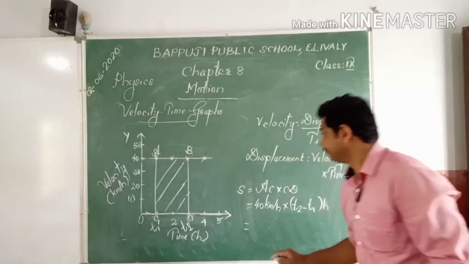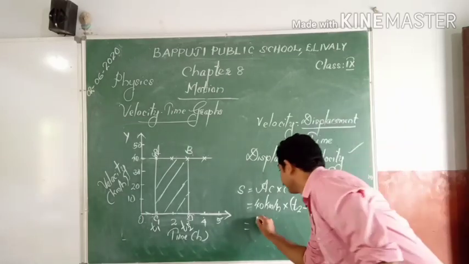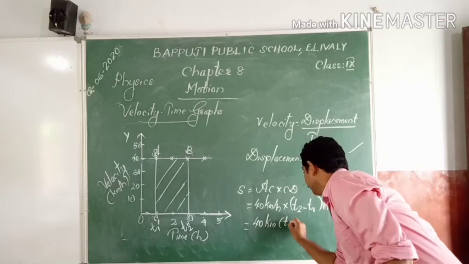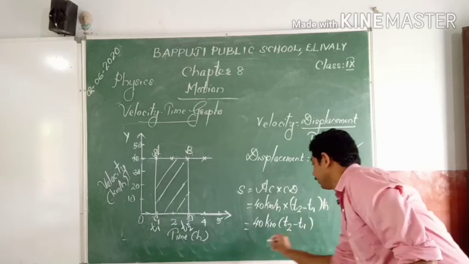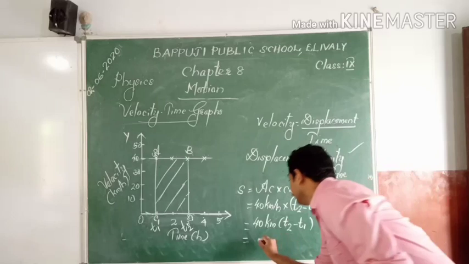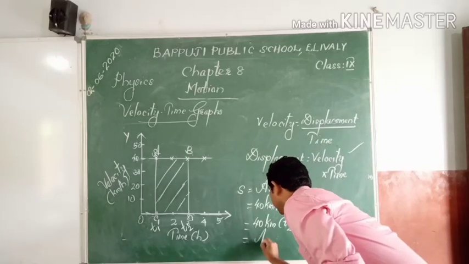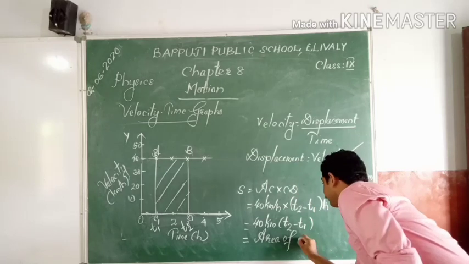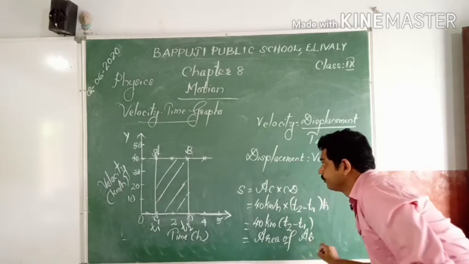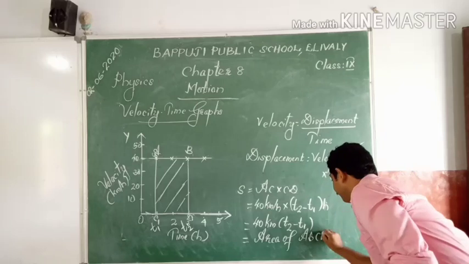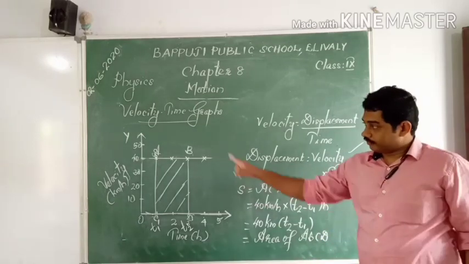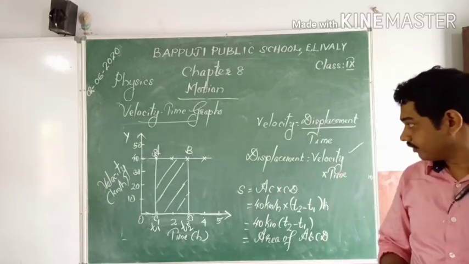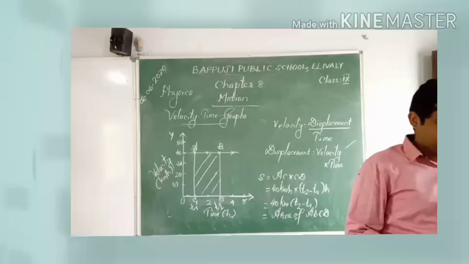That is equal to 40 km into t2 minus t1, which is equal to the area of rectangle ABCD. The area of this rectangle gives displacement or the distance in a given direction.